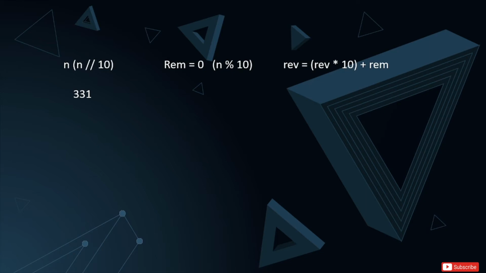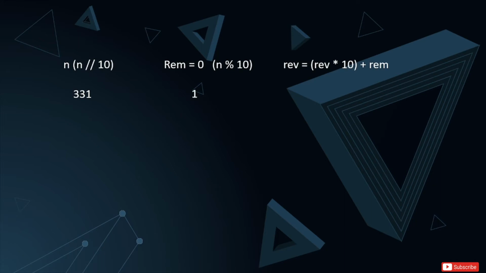The logic behind getting the remainder is the mod operator, right? If we do n mod something, we will get the remainder. But here we are going to do n mod 10, and you will understand clearly in the next minute why I am doing n mod 10. If we do n mod 10, that is 331 mod 10, the output will be 1. That means we are getting the last digit from the given number.